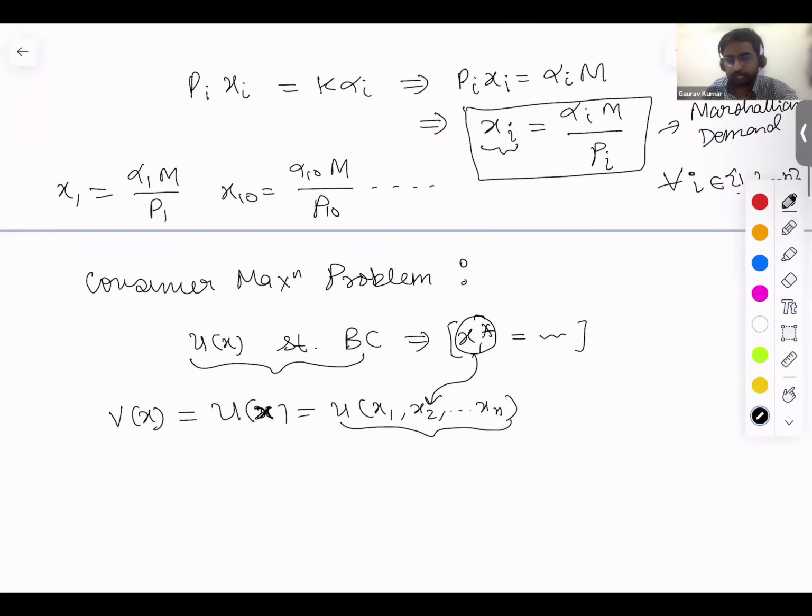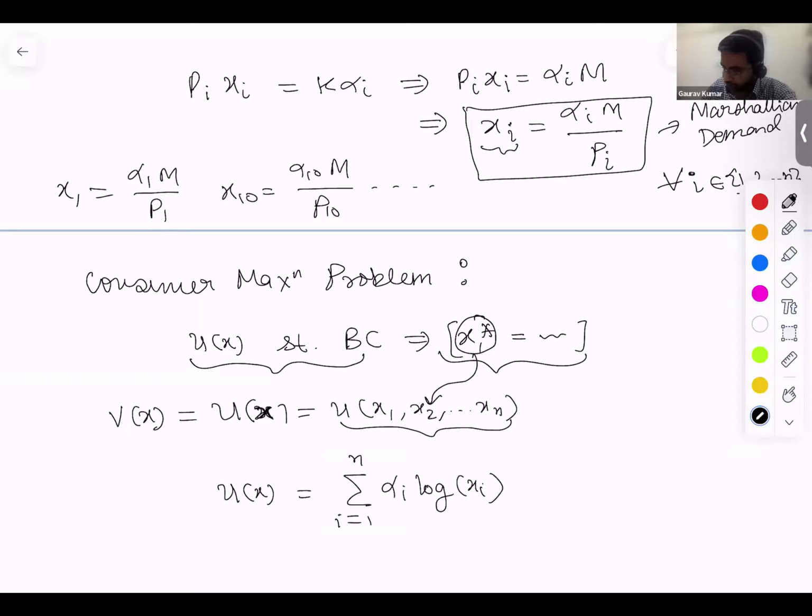So the commodity basket we have has n goods. So the utility function has n arguments inside it. By arguments, I mean these x1, x2 till xn. When you substitute the solution you got in the consumer's optimization problem into your utility function, the utility function that was given to us was sigma i = 1 to n alpha i log xi.